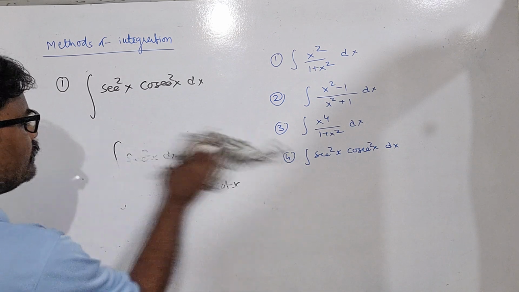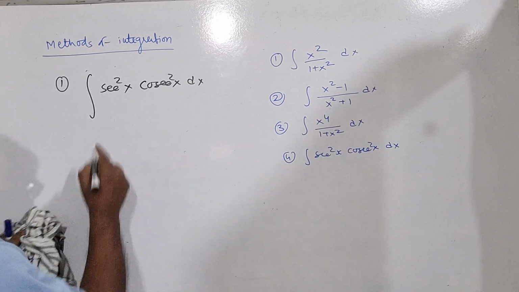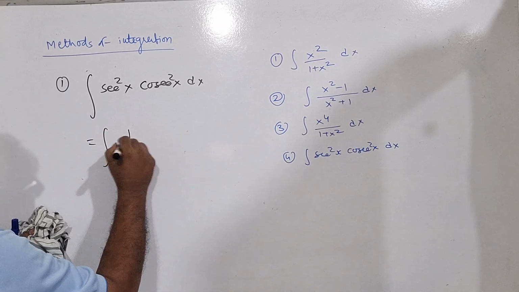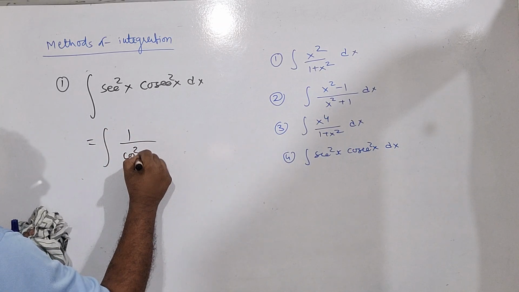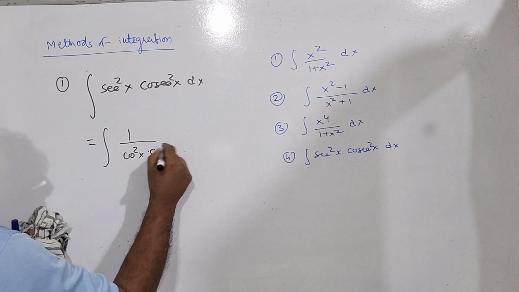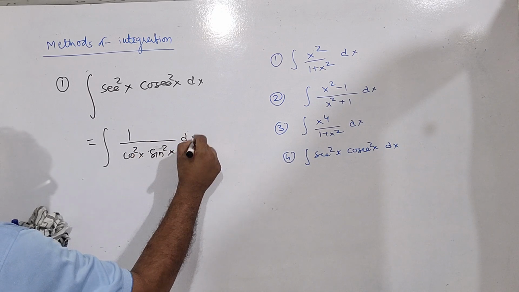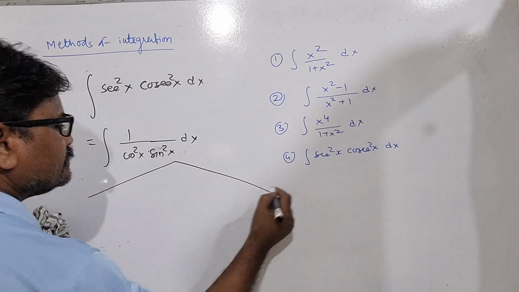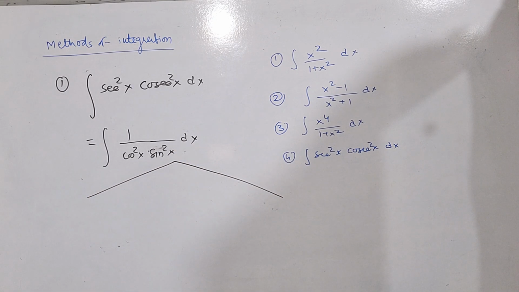Okay, first of all we will write it down as the integral of 1 upon cos squared x into sin squared x dx. Now I can solve this integration in two ways. That is important.